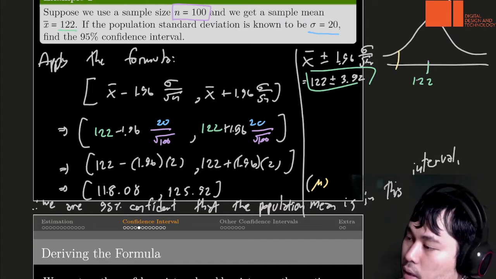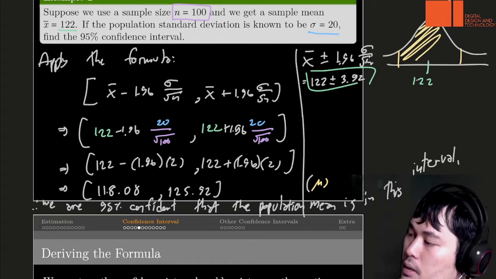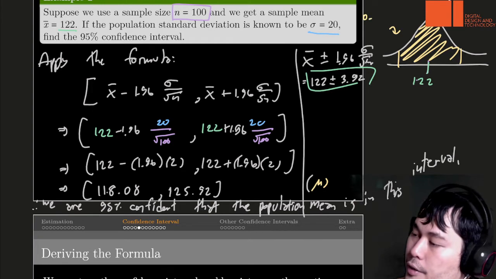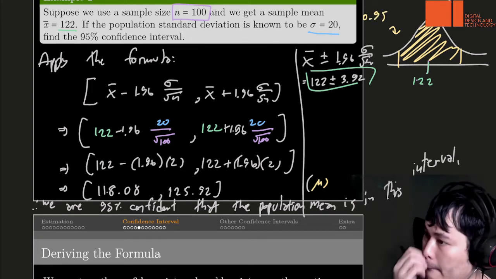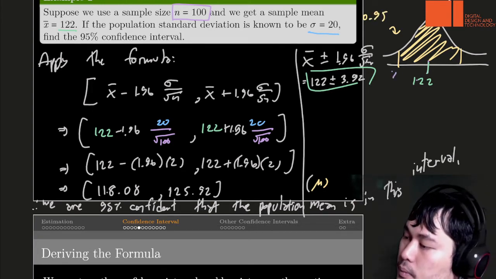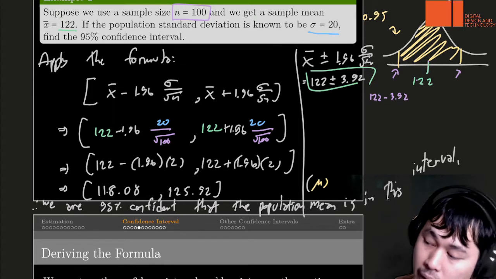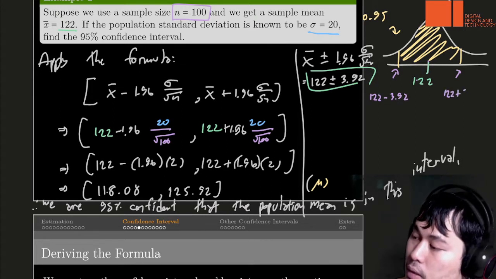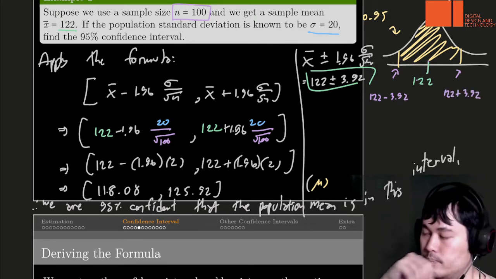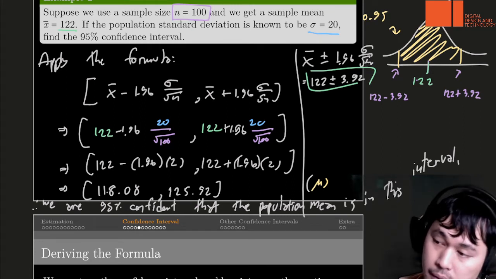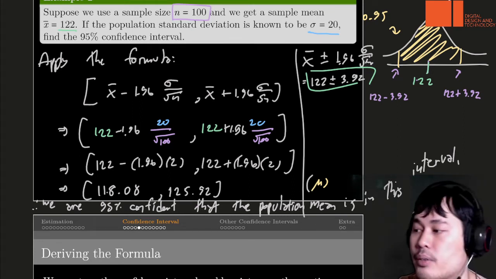And if you want the area here to be 0.95, then these two endpoints are 122 minus 3.92 and 122 plus 3.92. So that's the visual representation of what this formula is about.